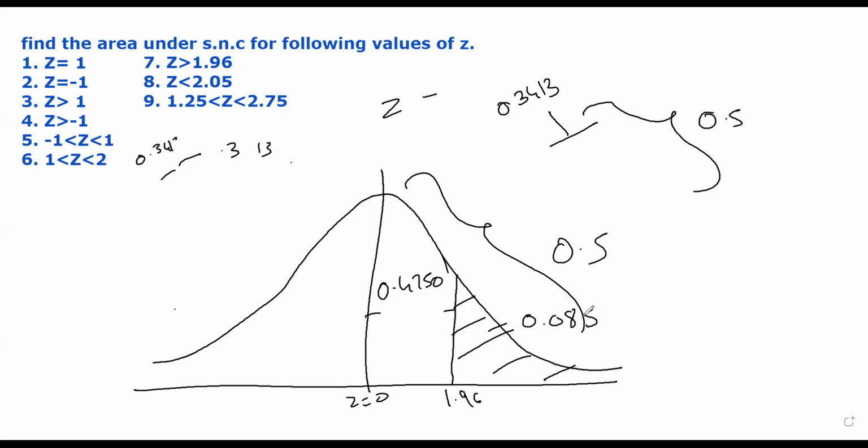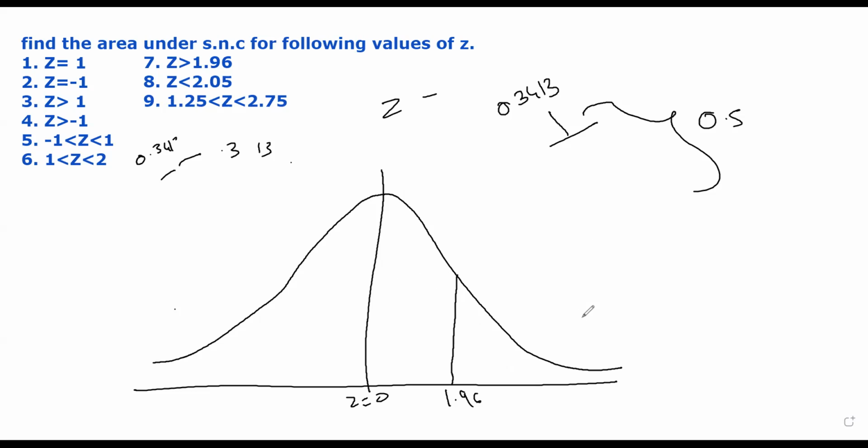Now we'll find the area which is less than 2.05. Area less than 2.05. Suppose Z equals 2.05 is here.